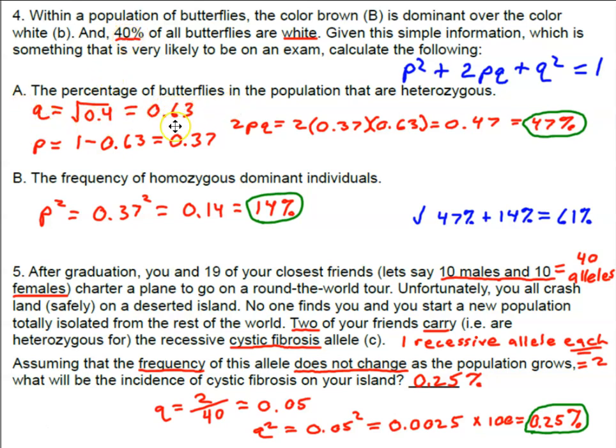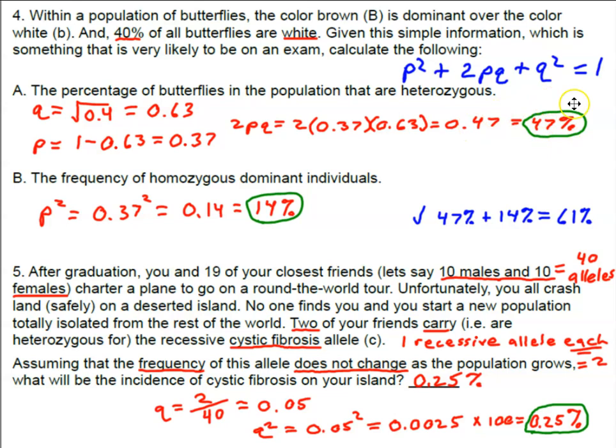So Q is 0.63. P then is 1 minus Q, or 1 minus 0.63, so it's 0.37. So 2PQ, which is what we're being asked for here, the genotypic frequency of the heterozygotes, is 2 times 0.37 times 0.63, or 0.47, or 47%.